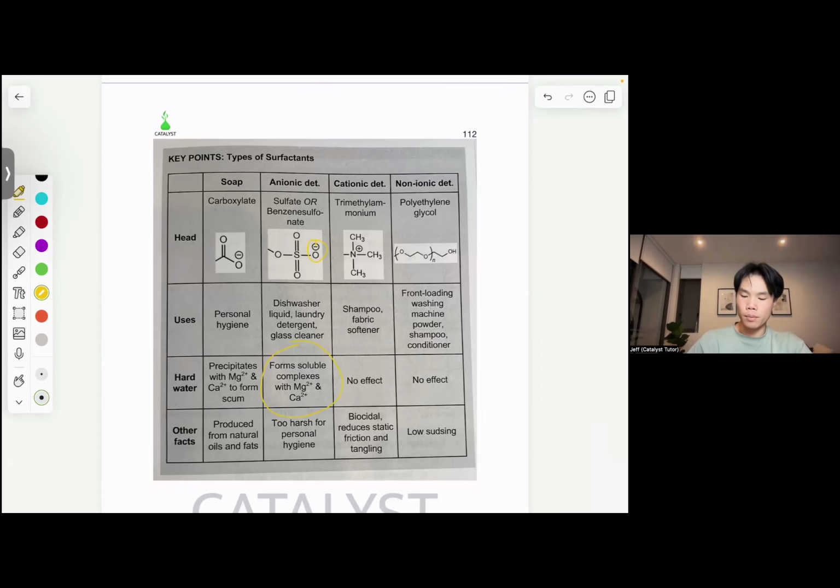And trimethylammonium, you have a positive charge because it's cationic. You just have to acknowledge that when you form the ion dipole, it's with the oxygen instead of the hydrogen. And then for non-ionic detergents, you don't have any charge, so all you form is H bonding. There is no ion dipole.